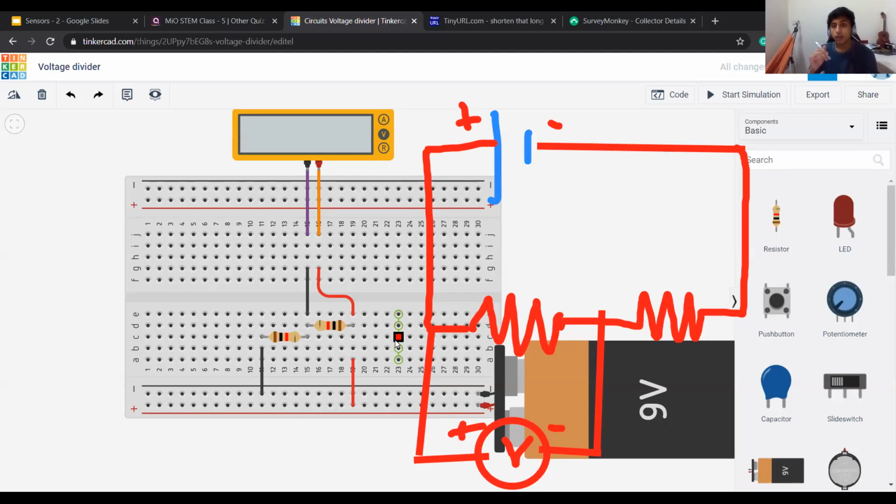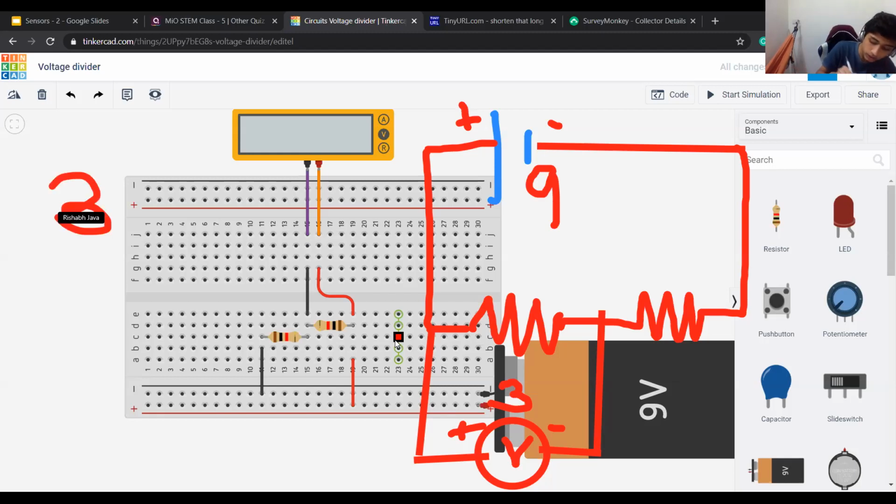Yeah. So now the challenge that was mentioned in your homework question was that your input voltage is going to be 9 volts, but your output voltage has to show, that is the voltmeter has to show 3 volts. So to tackle a question like this, first you have to find what part of the whole is 3 volts, where the whole is 9 volts.